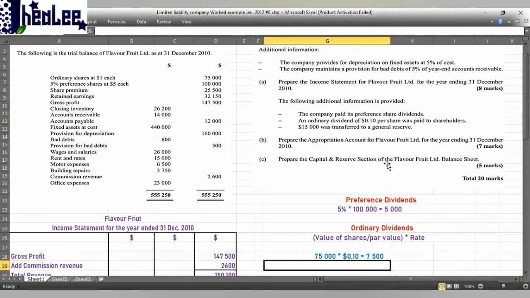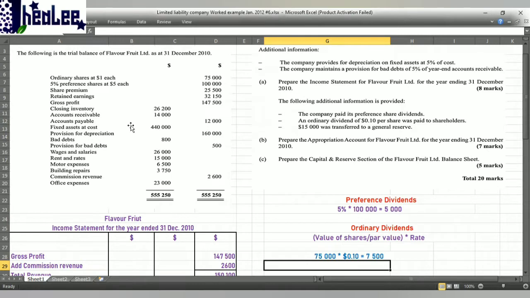So when you're doing your balance sheet, you show that as a current liability. Your proposed dividend, also referred to as your final dividend, once that information is in the additional information, means that the dividend is not yet paid. So therefore, that must be shown as a current liability when you're preparing your statement of financial position.